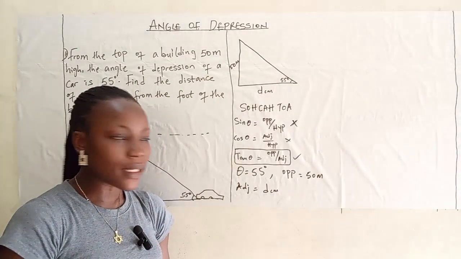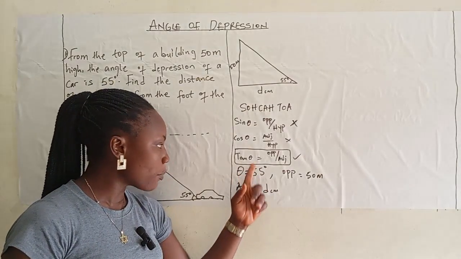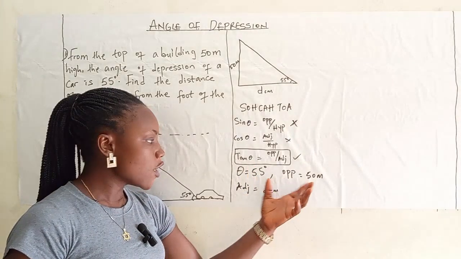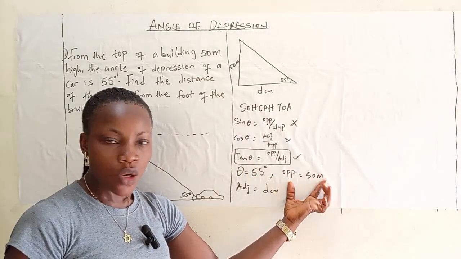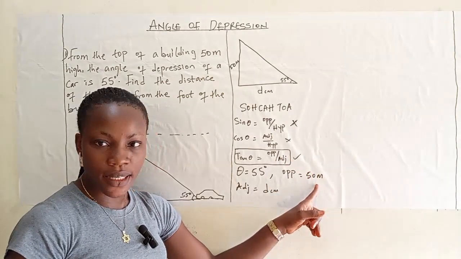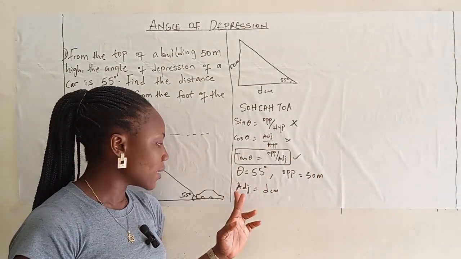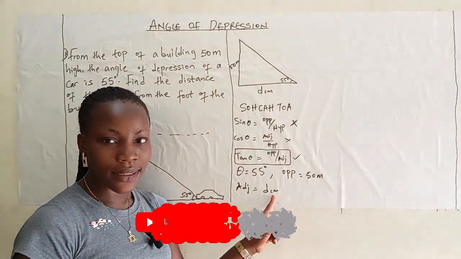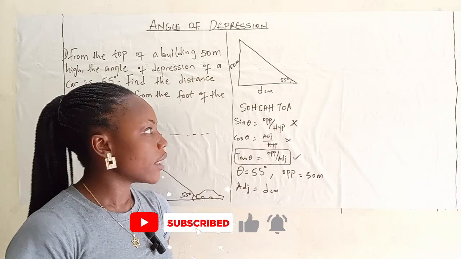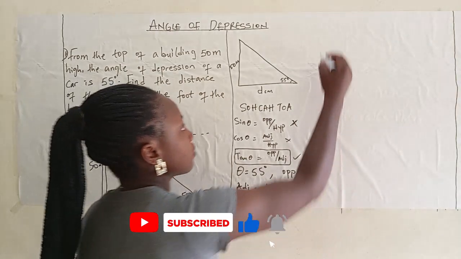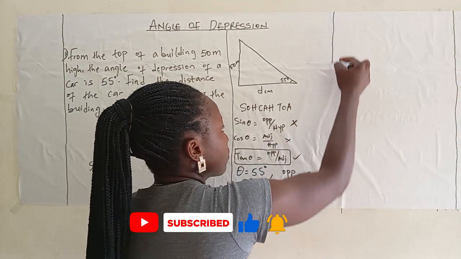Anywhere we see theta, we put 55. Anywhere our opposite is, we put 50, and anywhere our adjacent is, we put D. All right. Now let's continue.